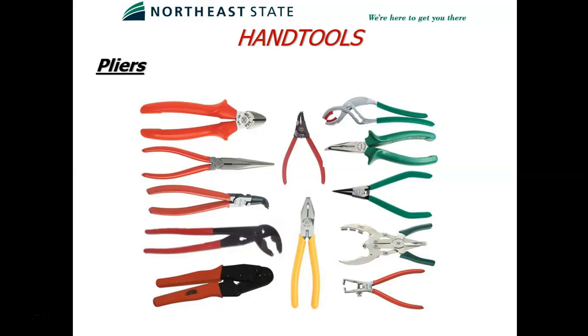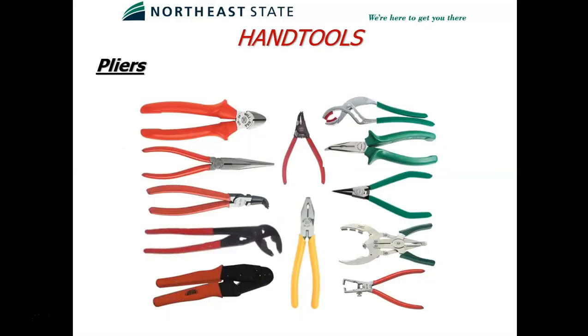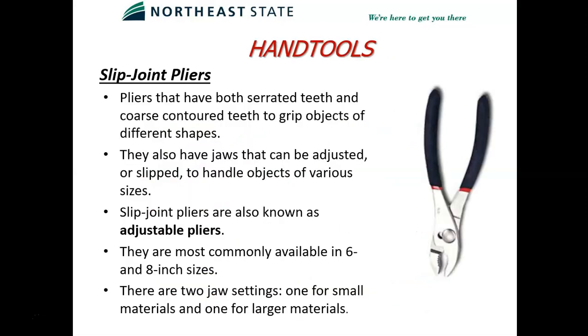So we're going to look at pliers now. Actually, it used to go through all of those pliers, and I've cut it down to less than half of those now. So slip joint pliers, these are your typical household pliers. You've got typically two adjustments on those.